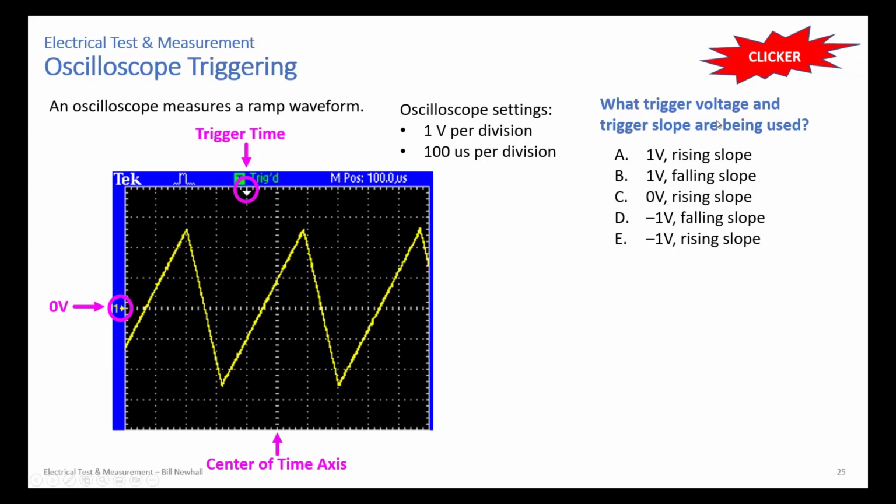Right, so what is the trigger voltage that's being used? And what is the trigger slope being used? You're kind of reverse engineering how someone set up this scope. Maybe you have a measurement, you can't see the settings, and you're trying to debug a measurement to see if it was right, so you have to back out of the measurement. What was the trigger voltage and what was the trigger slope?